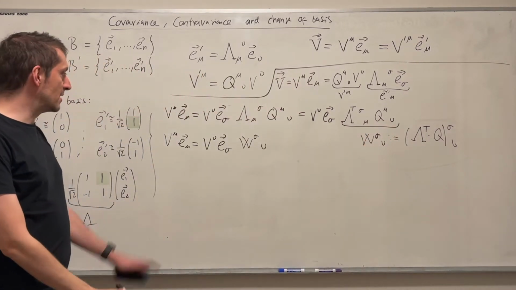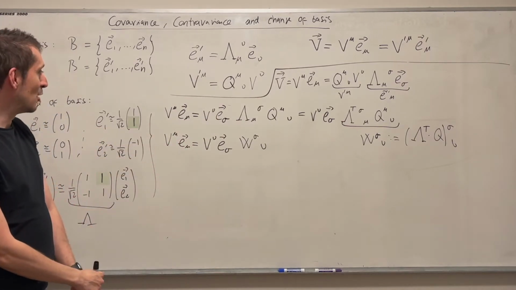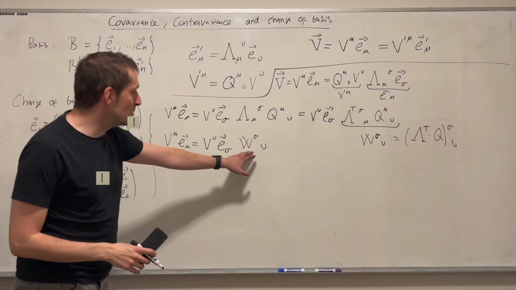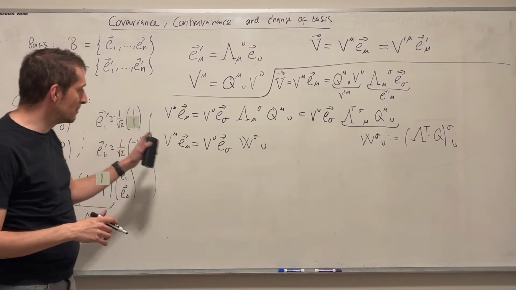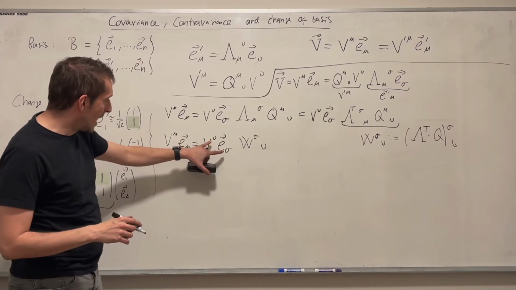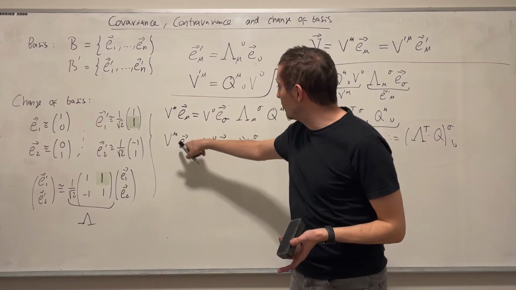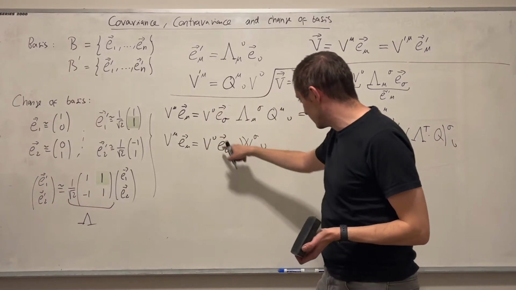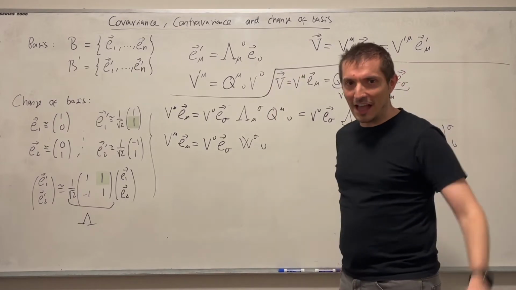So I need these two things to be equal, because we started from the equality. The question is, what should W be for these two things to be equal? The only way they're going to be equal is if I have a sum over V and E with the same indices, not different. So it should be a matrix that has all entries 0 and ones in the diagonal.